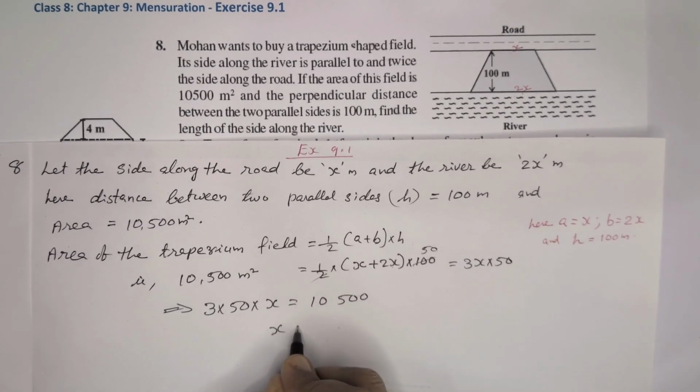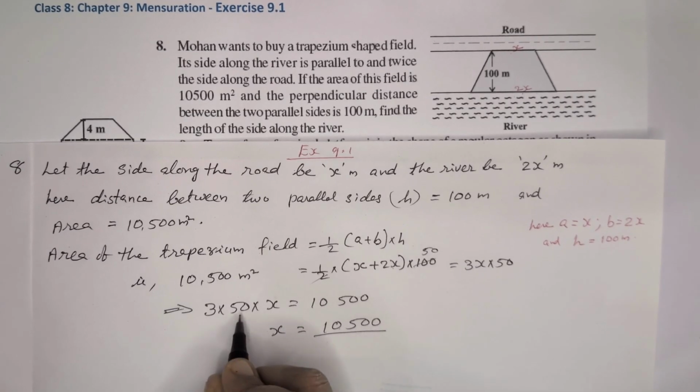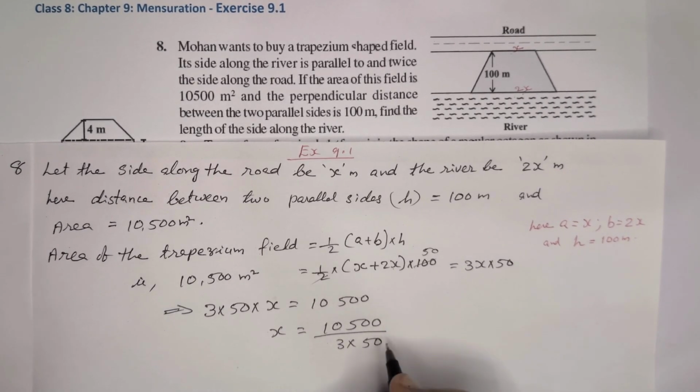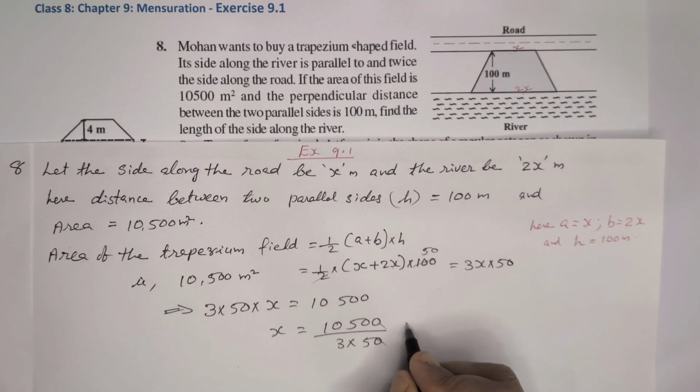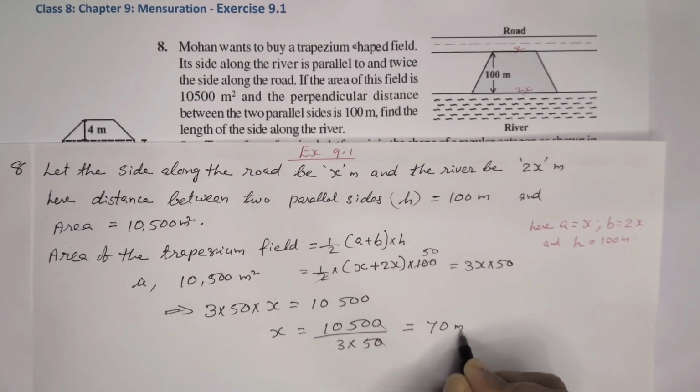From that, x is equal to 10,500 divided by 3 into 50. So we can simplify that by 5 and 3. We can divide the number. So you'll get which is equal to 70. That means x is equal to 70.